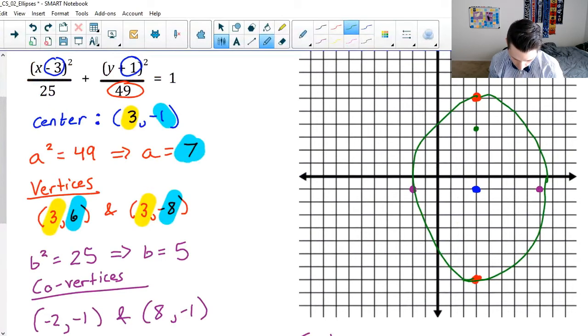And then -1 minus 2 root 6 would be about -5.899. So 1, 2, 3, 5. So about right here. So there are my two foci.